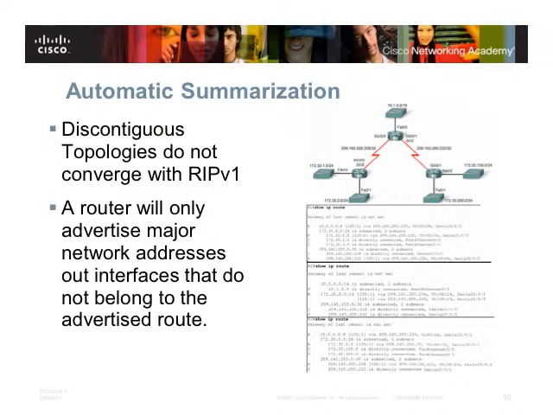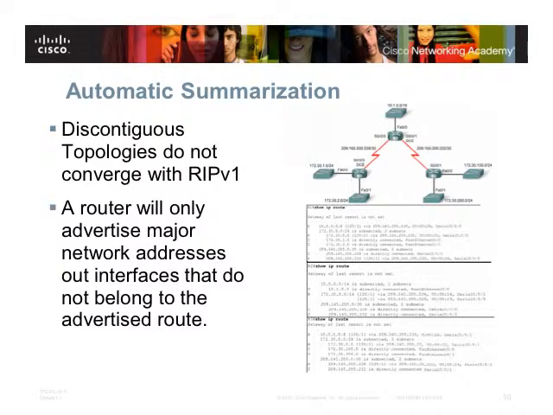Otherwise, if the destination address in the route entry is incoming on an interface that does not exist on the same major network, then we use the classful subnet mask and assign it to the incoming route entry.